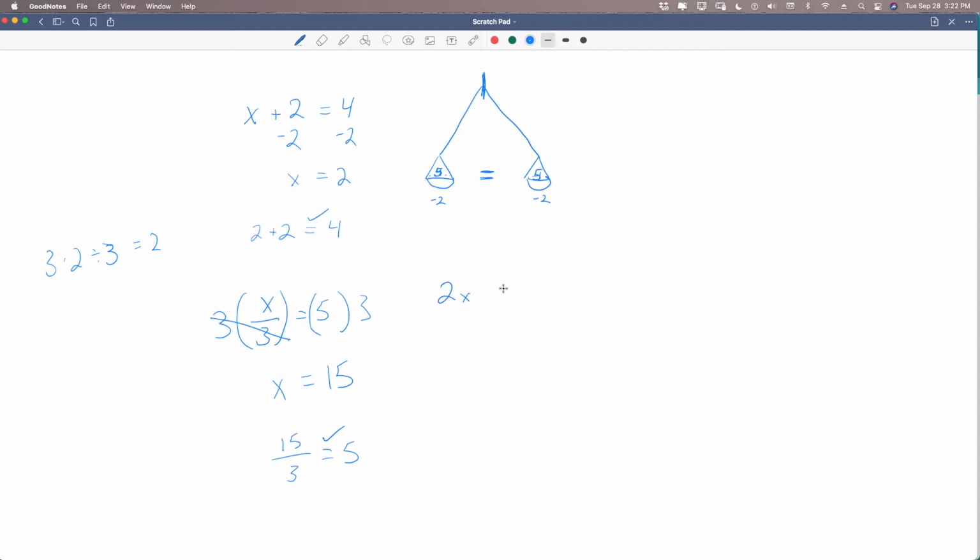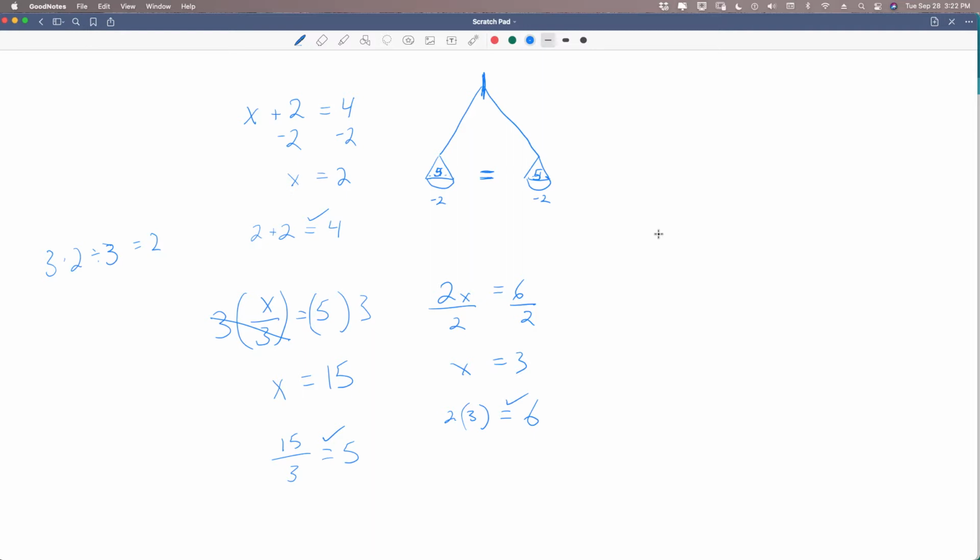If I had 2x equals 6, I could divide both sides by 2 because the inverse operation of multiplying these two factors is division. And divide 6 by 2, x would equal 3. Right? So if I put it back into the same original equation, 2 times 3 does indeed equal 6.